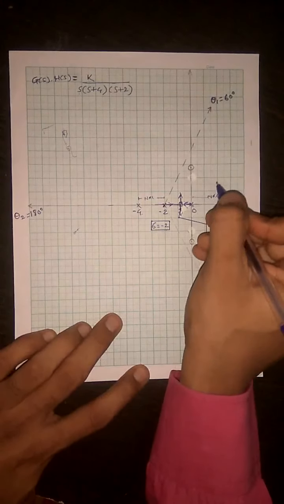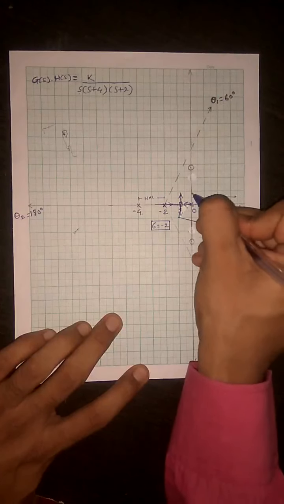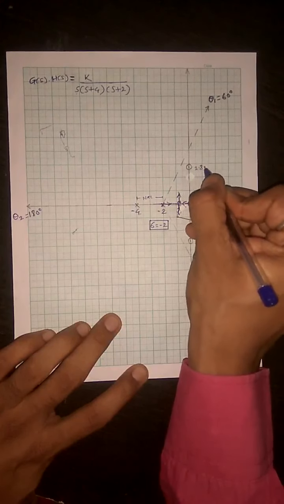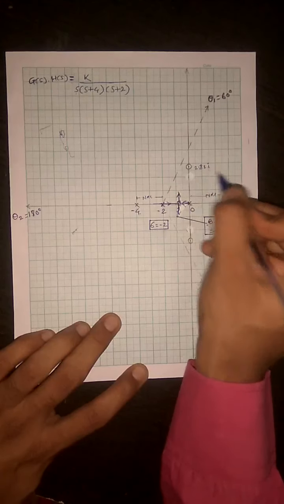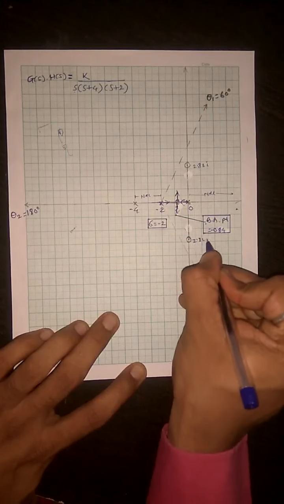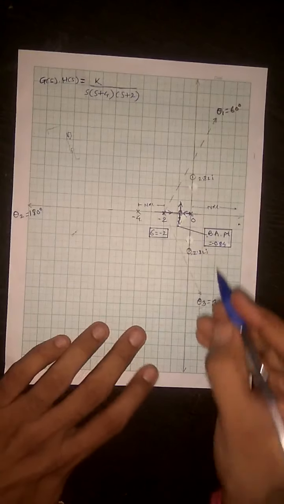So 2.82i means imaginary axis. So 1, 2, 3. So that will be 2.82i, and here minus 2.82i. Okay, these are the intersection points of root locus with imaginary axis.